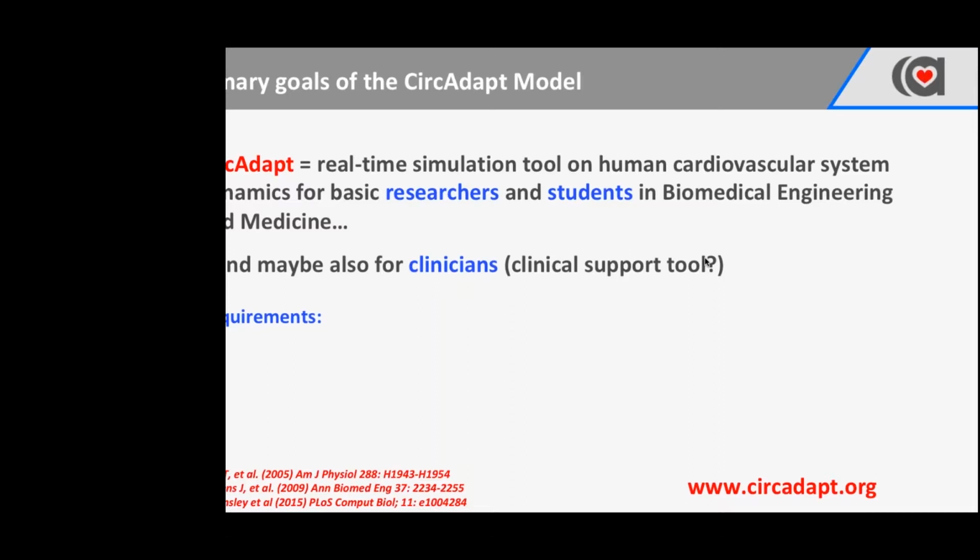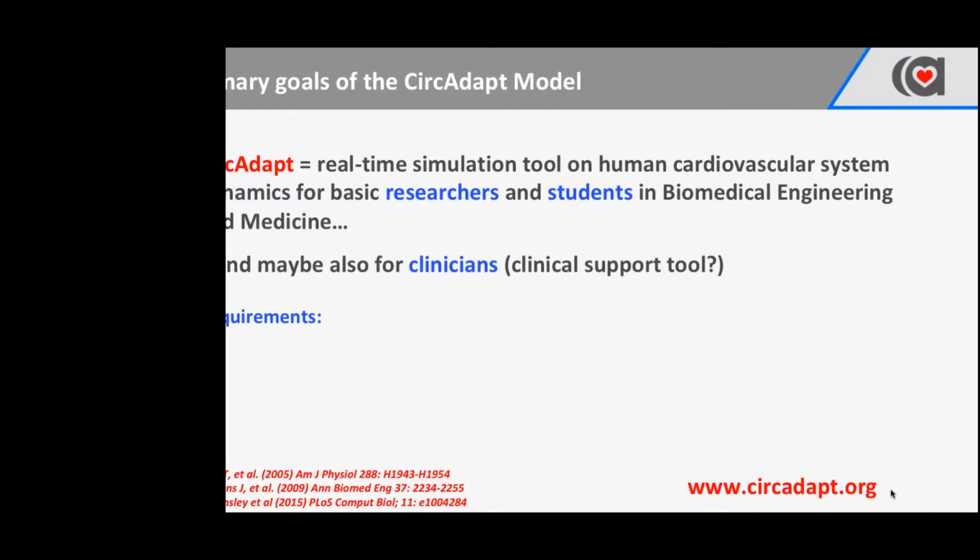In that respect, I would like to draw your attention to www.circadapt.org, where you can find all the documentation related to CircAdapt, but where you can also download an educational version of the CircAdapt model as it was in 2012, not with the latest additions. We're working on that, but it's not available yet in the educational version.